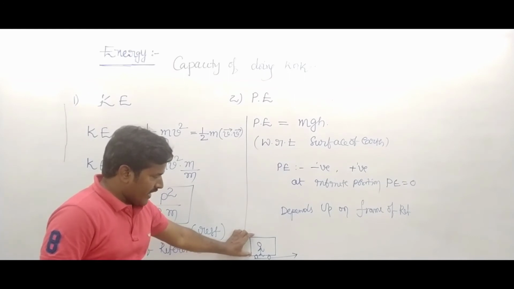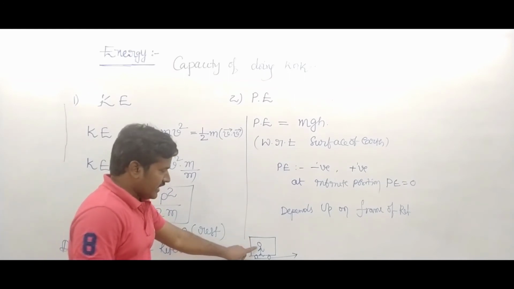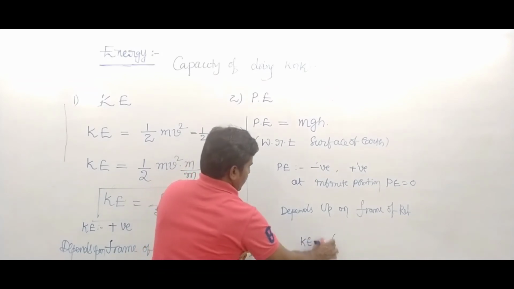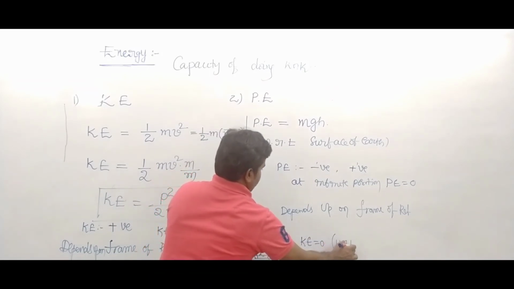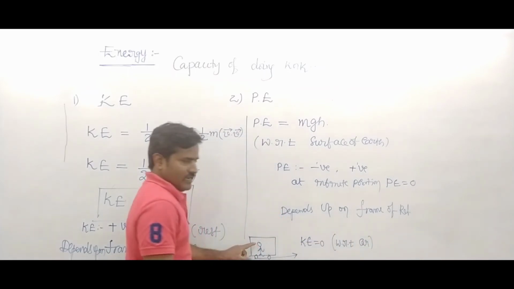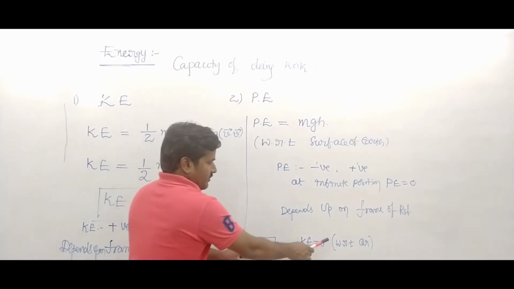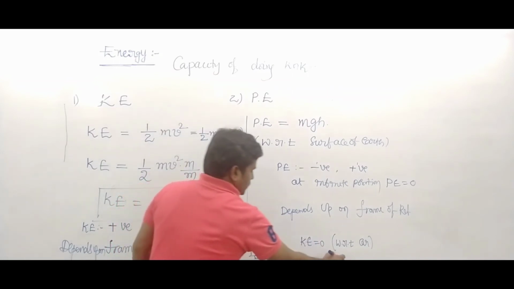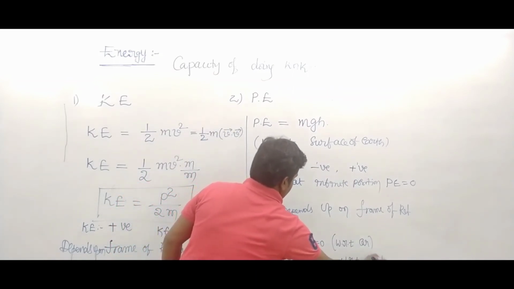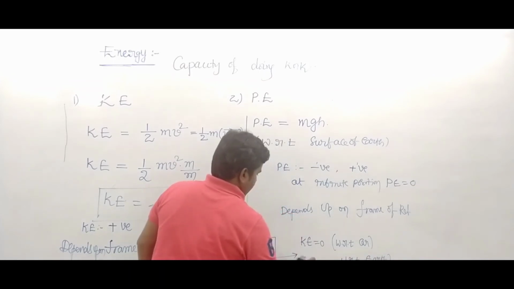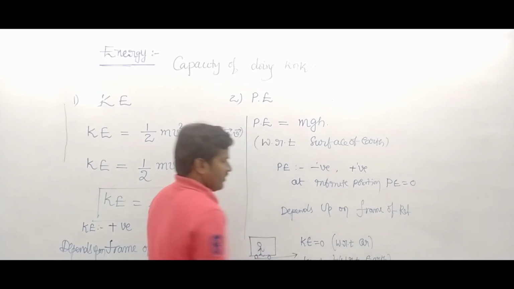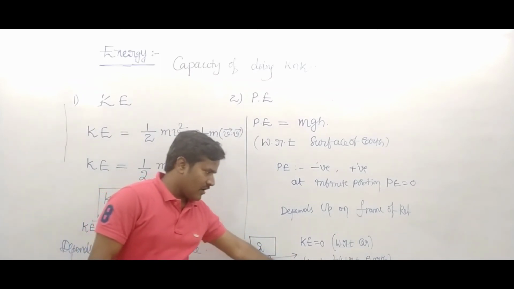With respect to the vehicle, either car or bus, the kinetic energy of the person becomes zero. With respect to earth, the person has kinetic energy K equals half mv square.